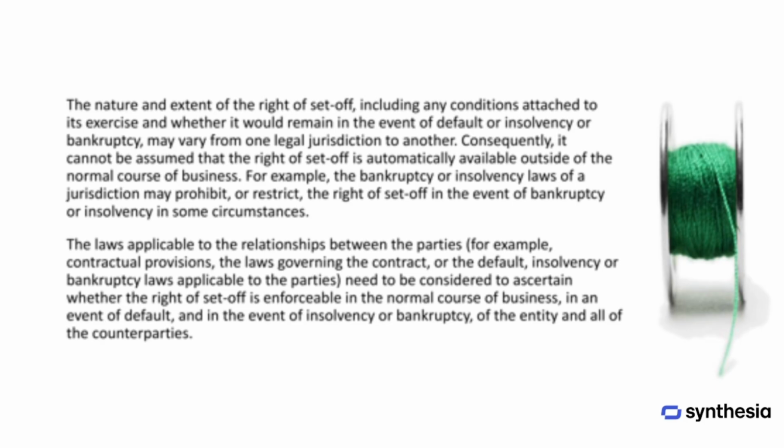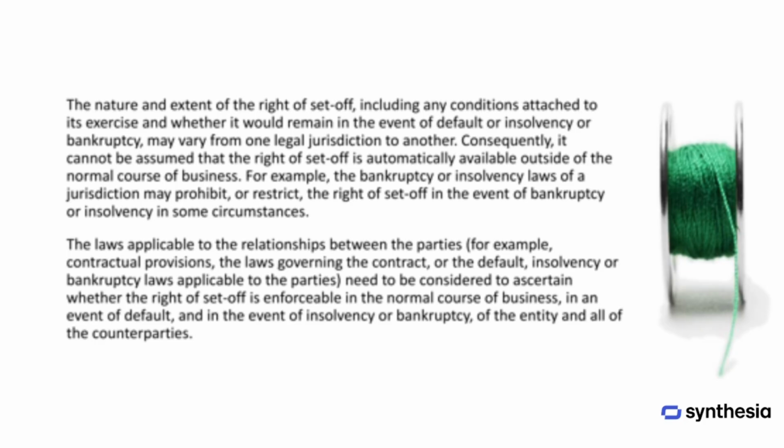The nature and extent of a right of set-off, including any conditions for exercising it and whether it would remain in place in the event of default, insolvency, or bankruptcy, can differ depending on the legal jurisdiction. Therefore, it cannot be assumed that a right of set-off is automatically available outside the normal course of business. For instance, the bankruptcy or insolvency laws in some jurisdictions may limit or even prohibit the right of set-off in certain situations.